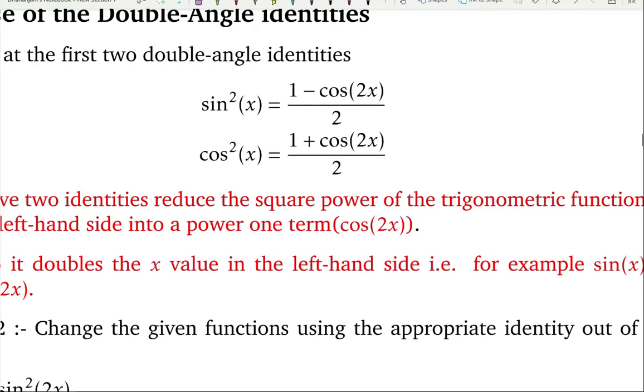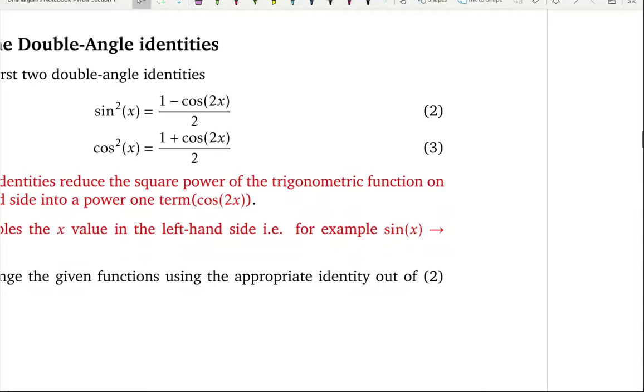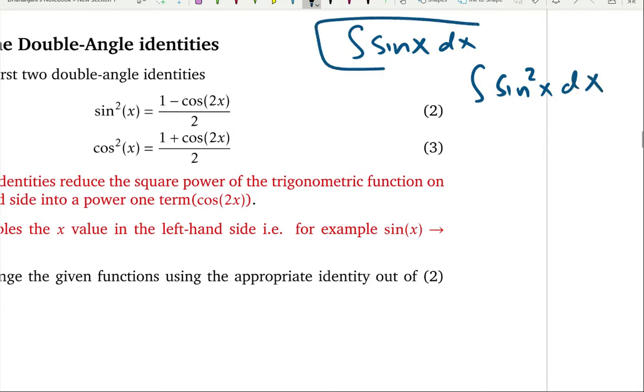Now, solving trigonometric integrals means you are integrating trigonometric functions. Integrating sine x versus integrating sine square x is very different. To integrate sine x, you can use basic integration rules very easily.